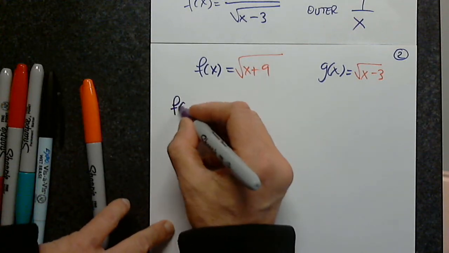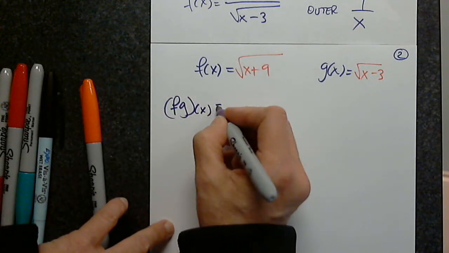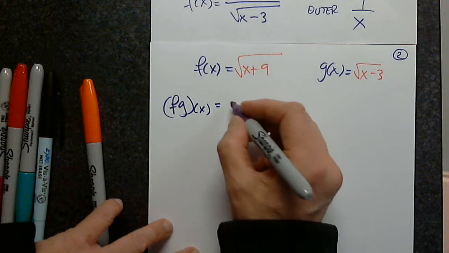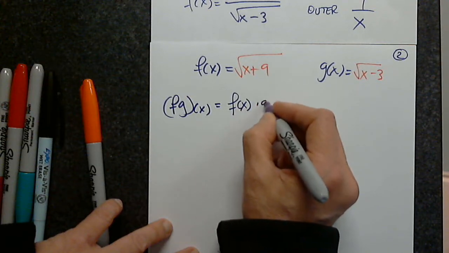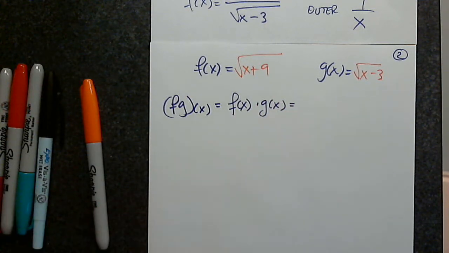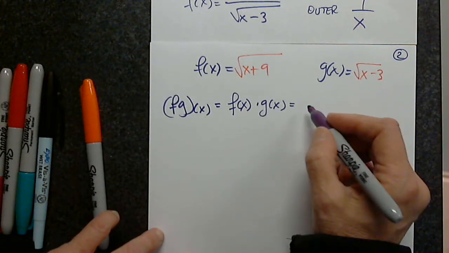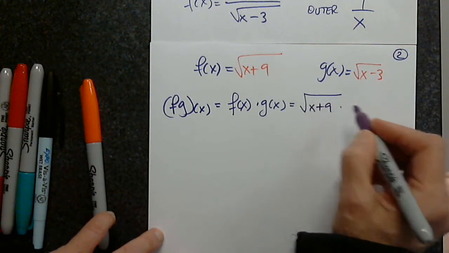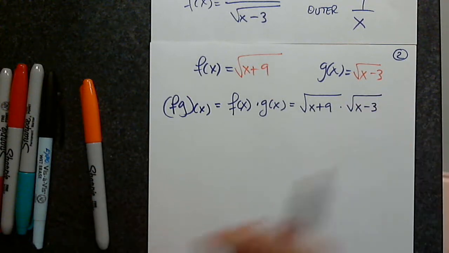So let's say we want to find fg. Please always write the definition first, f of x multiplied by g of x, because this is what we are asked. This is the product of the two functions. I copy the square root of x plus 9, and I copy the square root of x minus 3. You do not have to do anything else here.